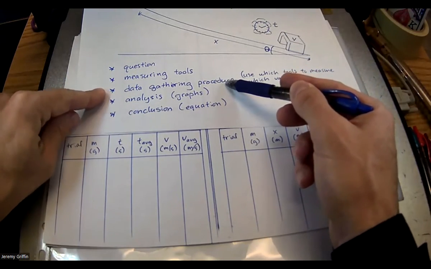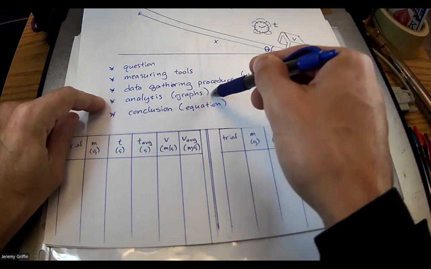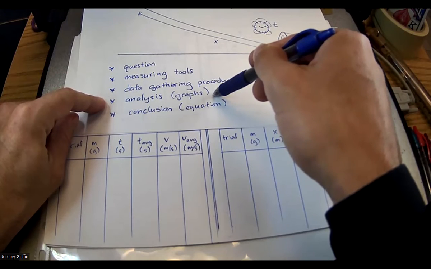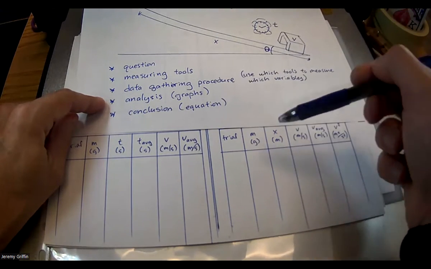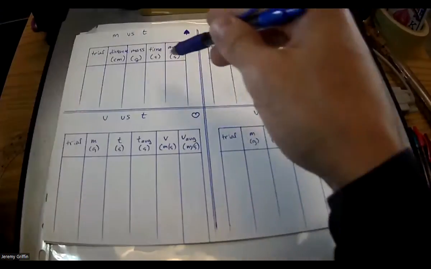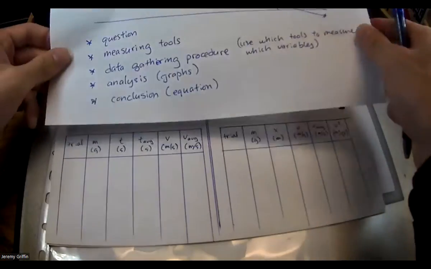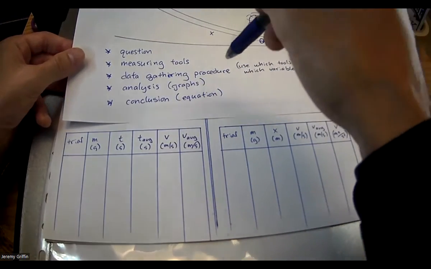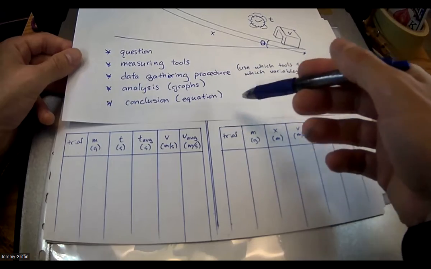That's not too bad, right? Then there's going to be an analysis step. Maybe I won't give away exactly what each of you is going to make, but there are going to be one or two graphs for each of these setups. So what should those graphs look like? Then your conclusion is going to be some kind of equation or relationship.